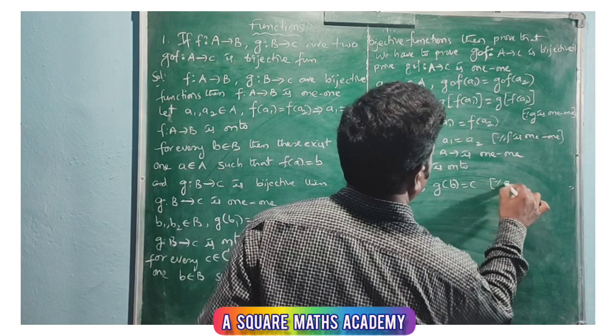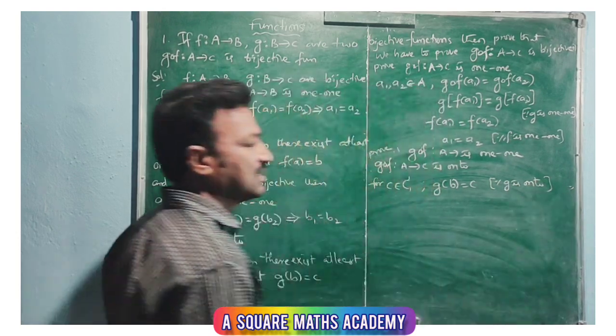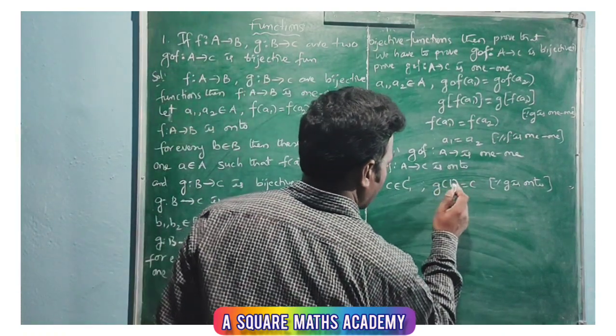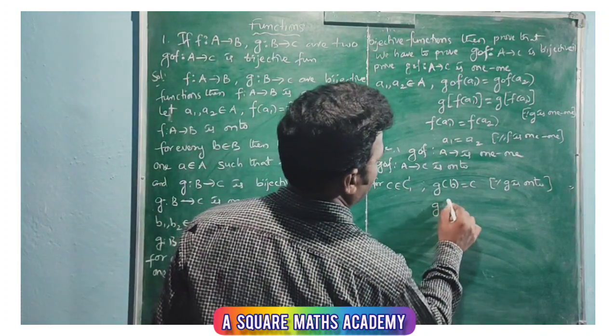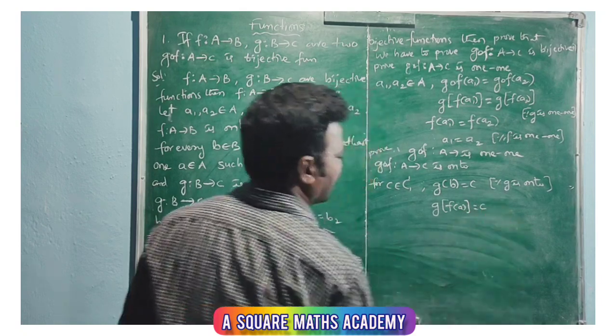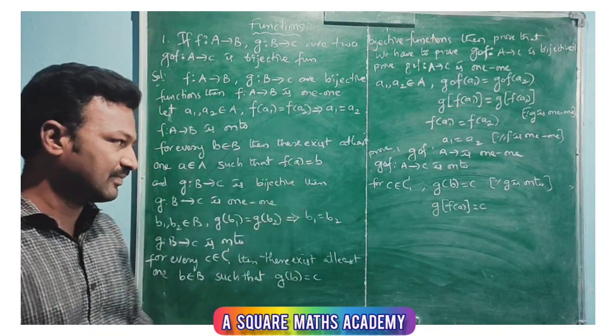So that implies we take here G of B equals C, since G is onto. G is onto. Clear? So G of B equals C. So B can be written also as F of A. G of F of A equals C. Okay, that is, in place of B we are writing F of A. Right.